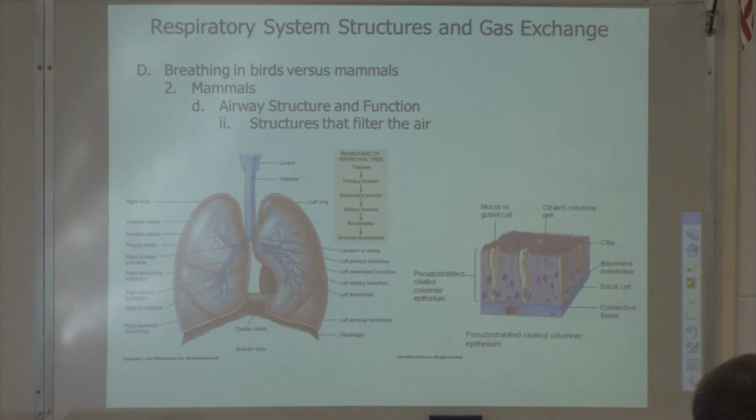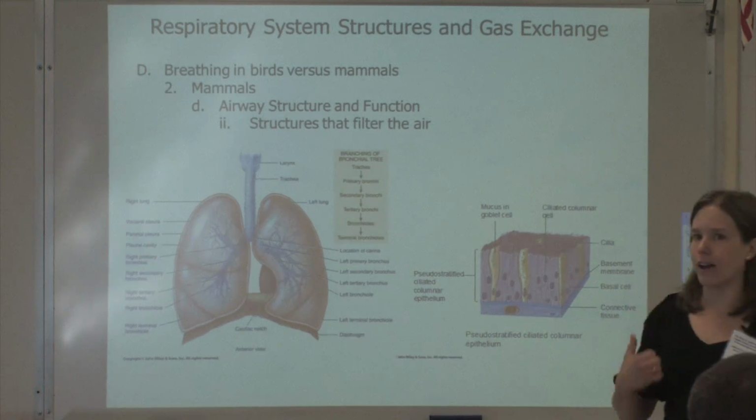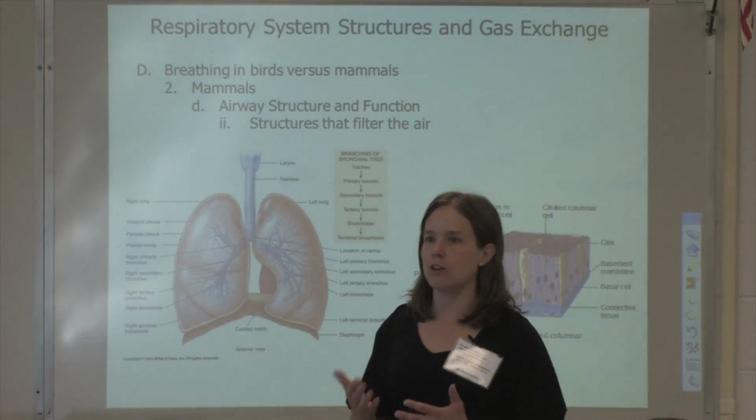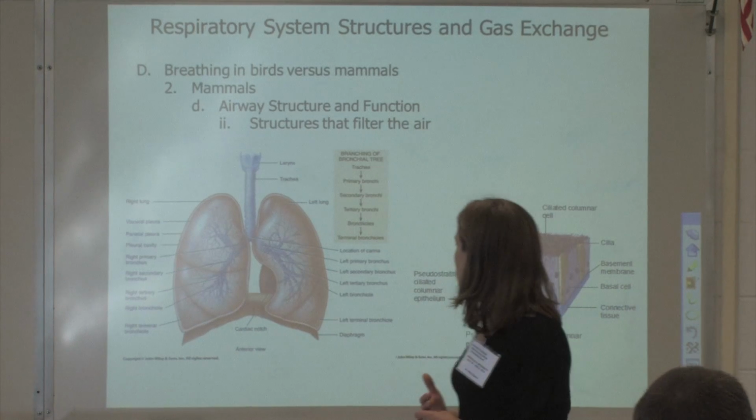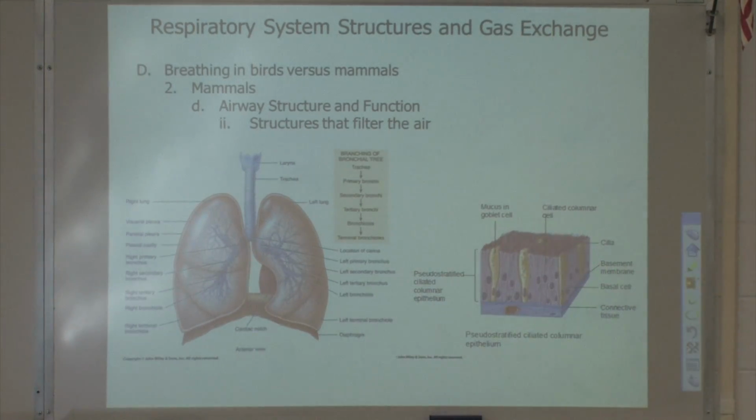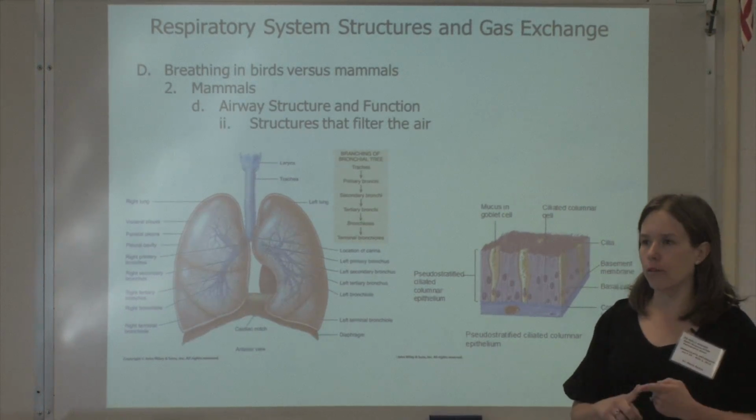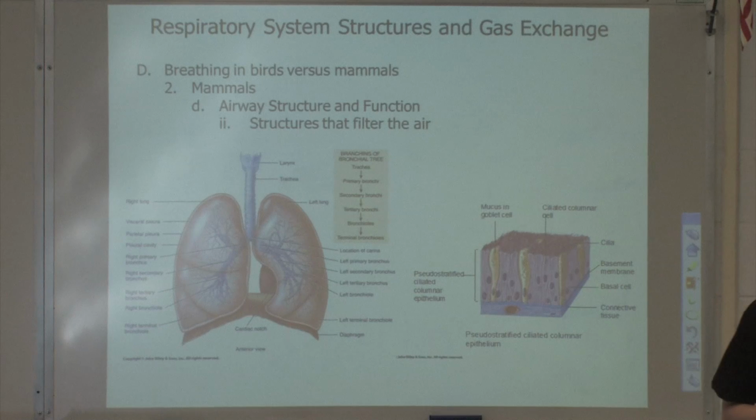Okay. A few more items that I want to talk about. Some structure-function relationships in the airways. So we just talked about how the air gets into the lungs based on changes in volume to create changes in pressure. But the way that the airways are designed enhances not only the ability to get air into the lungs, but the ability for us to get clean air into the lungs.